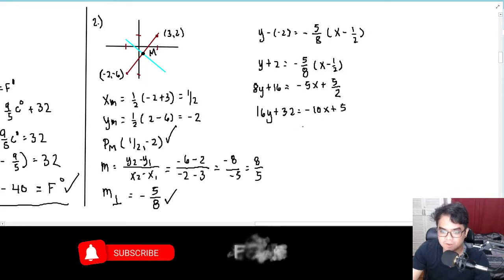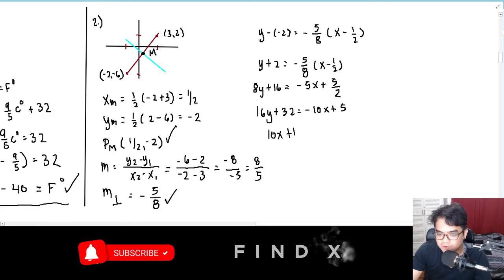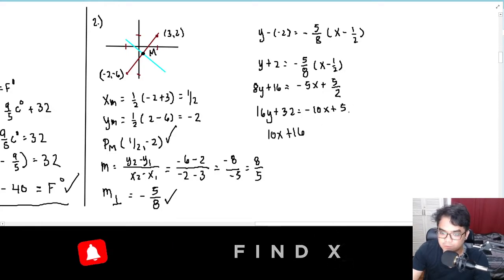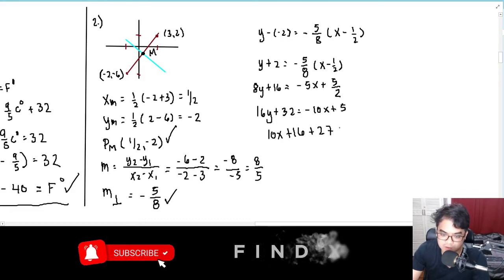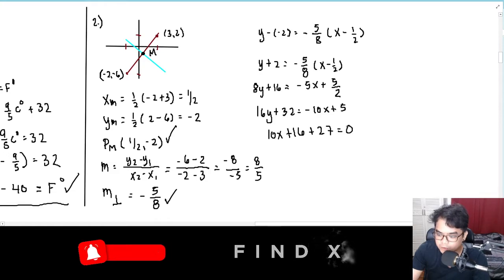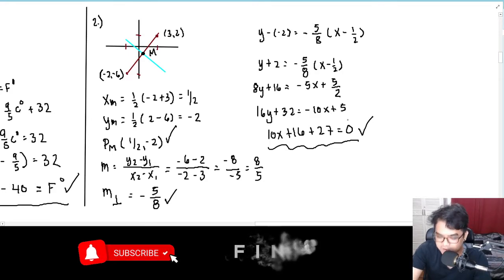Then let's transpose: 10x plus 16y plus 27 equal to 0. And this will now be the equation of the perpendicular bisector line.